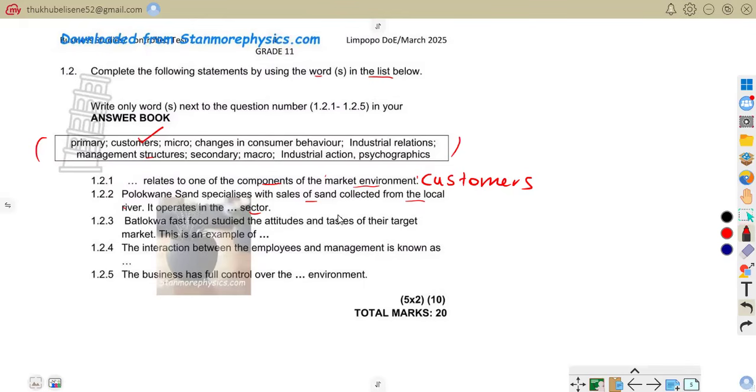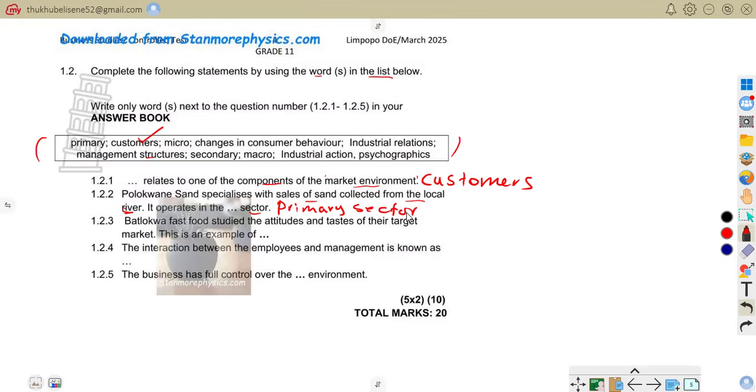Now as we read this statement, Polokwane Sand specializes in sales of sand collected from the local river. So it shows that this is a primary sector.